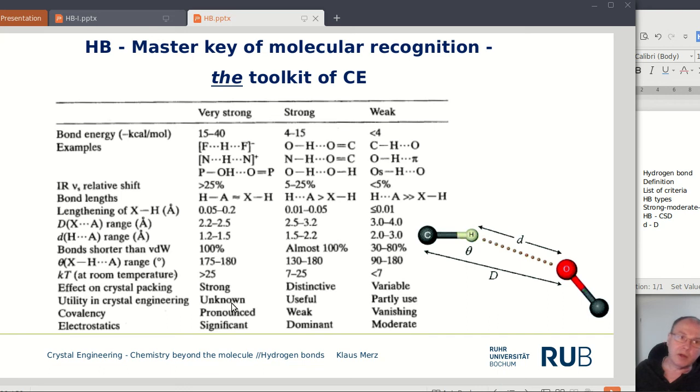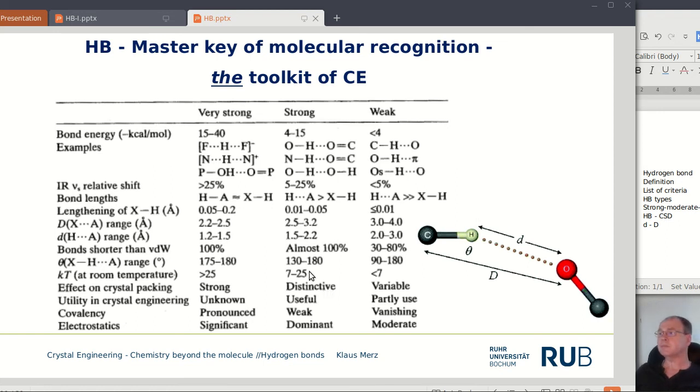We do not link with other units of a crystal structure. I've shown you in the case of this anion here. You have seen it is absolutely not useful for crystal engineering. Much more useful are moderate hydrogen bonds, from the second class.